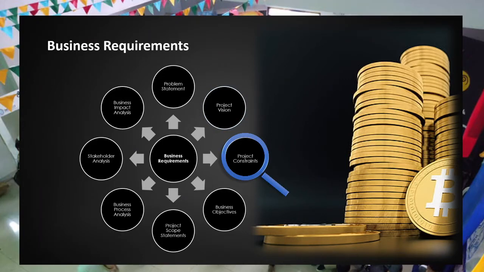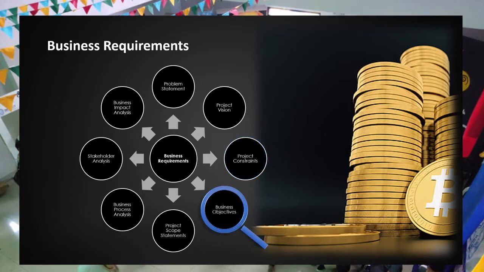Another critical part of business requirements are project constraints. Project constraints are limiting factors for your project that can impact quality, delivery, and overall project success. There are many project constraints to consider, including resources, methodology, and customer satisfaction. These are worth planning depending on your organizational structure and processes.